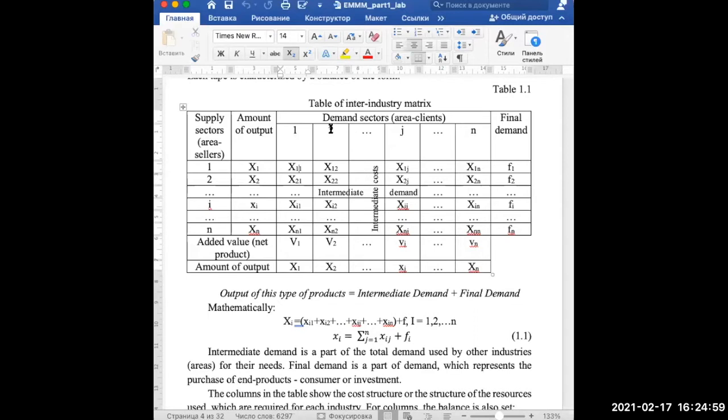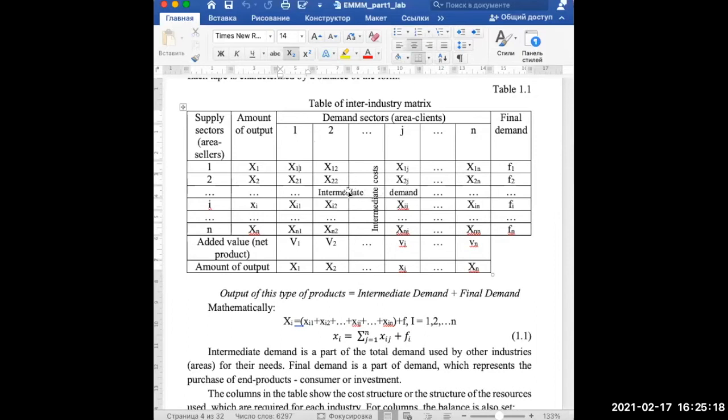Then the branches which buy the products of the first supplier we can name intermediate demand or intermediate clients.